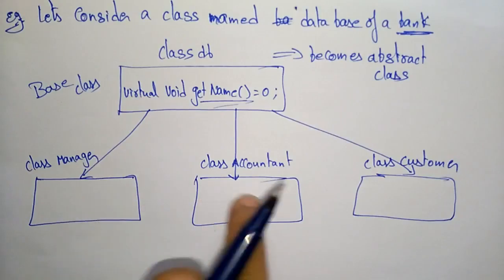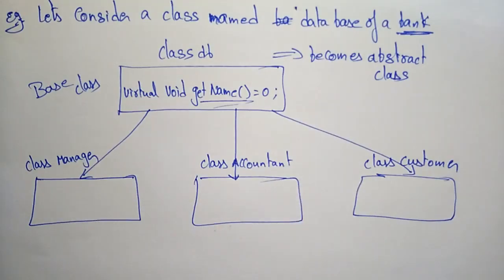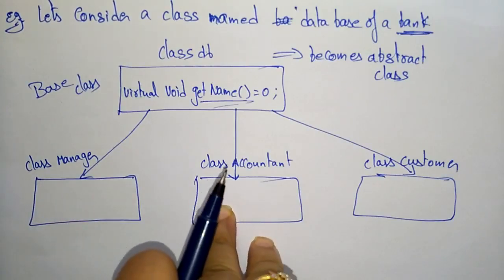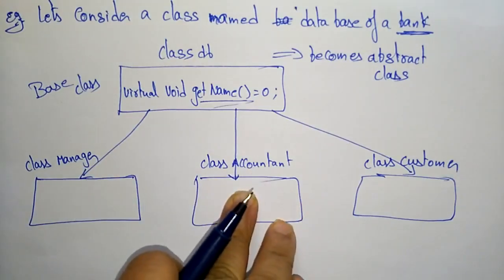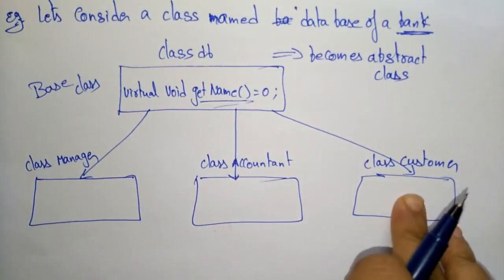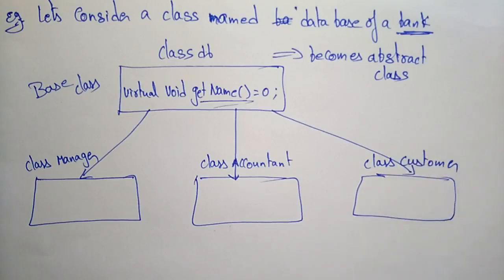Here I write the definition according to their needs. The manager, by using that name, can update his account. The accountant can overwrite his name or update his amount, or the customer can check his values, meaning check his amount present in his account.